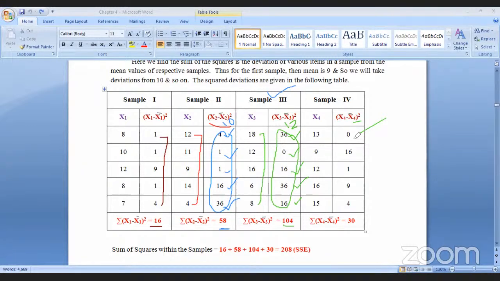So the sum of squares within samples is equal to 16 plus 58 plus 104 plus 30, which is equal to 208. That is the SSE value.